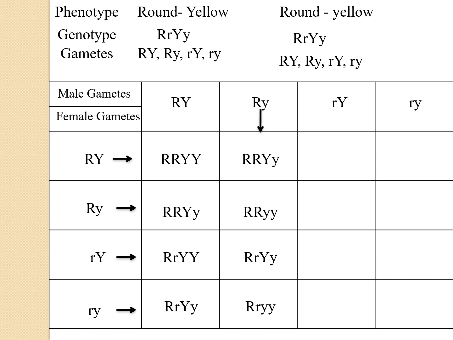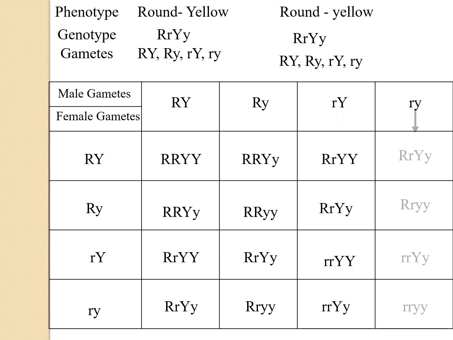I hope this is clear. This is the same as your monohybrid cross. There's no difference in this. Same thing you repeat with the third one as well as the fourth one. So this is how you get in total, when I'm talking about a dihybrid cross, a total of 16 boxes in the Punnett square.